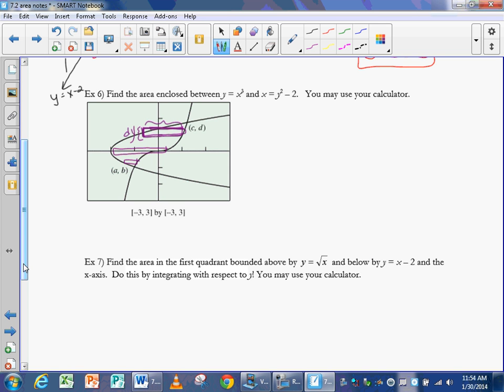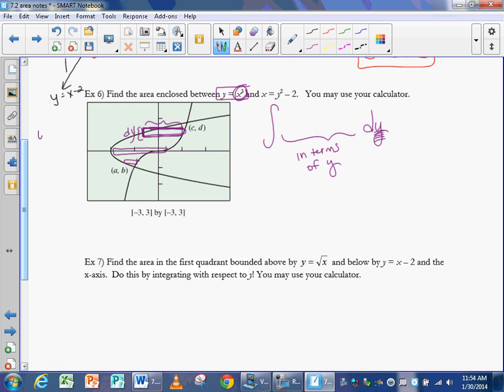And that's our indication that now we're going to write integrals with respect to y instead of with respect to x. Well, if I'm doing stuff with respect to y, that means all the stuff in here needs to be in terms of y. So that means I need my functions in terms of y. This function right now is a y equals in terms of x.